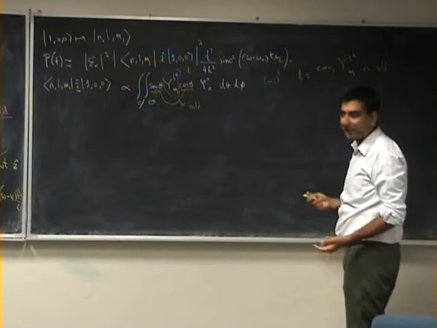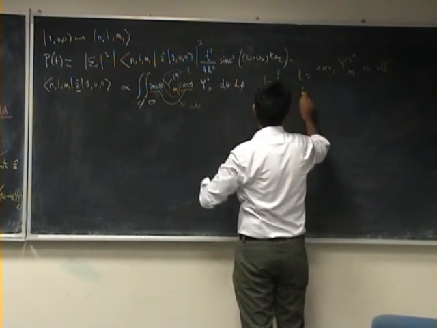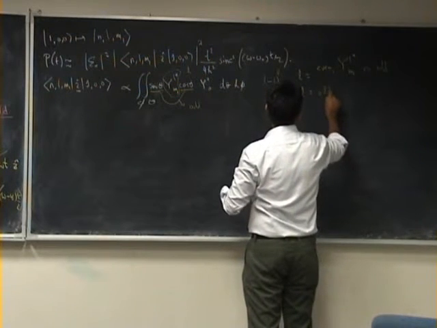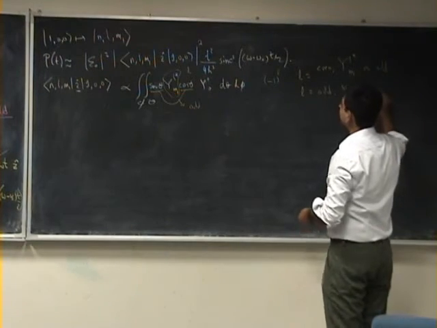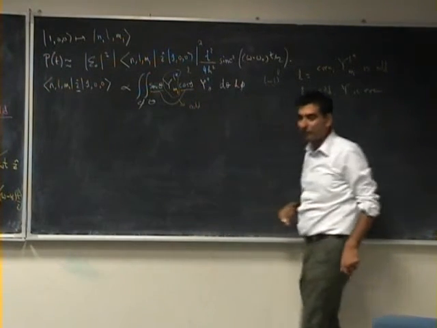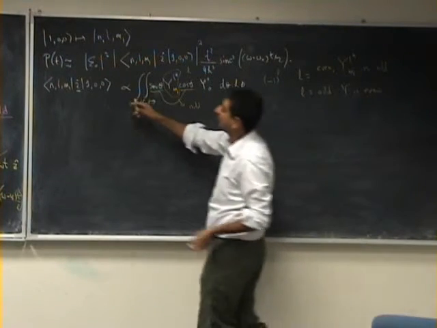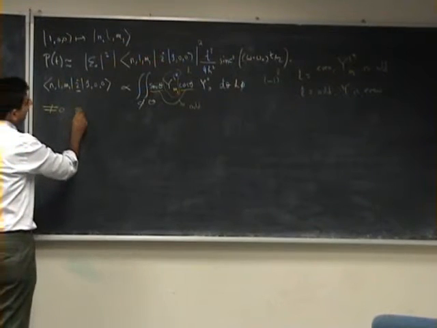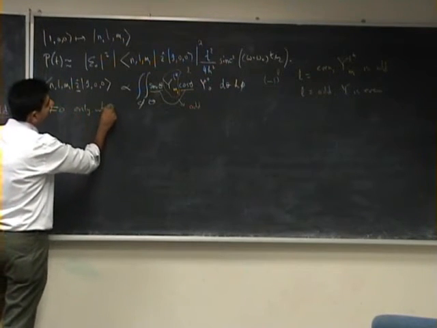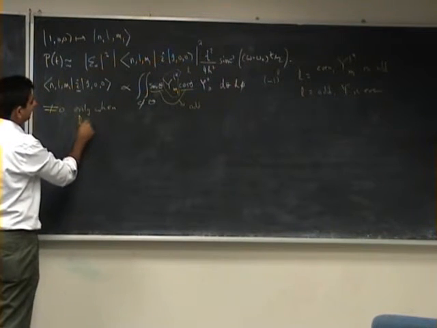Okay, so then the integral will not vanish. If L itself is even, then the Y function is even. It will multiply with this odd function to give you an overall odd function, and the integral will be 0. This means that this inner product is non-zero only when L is odd.